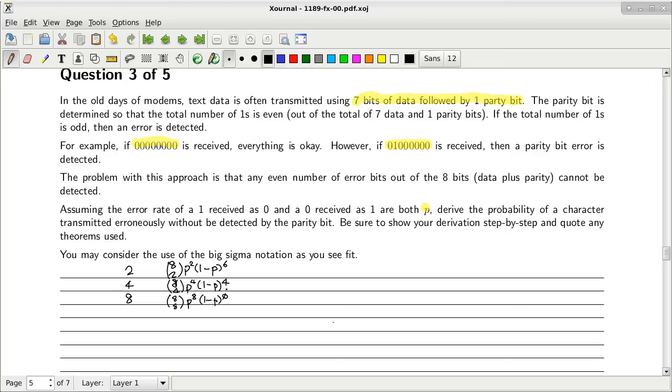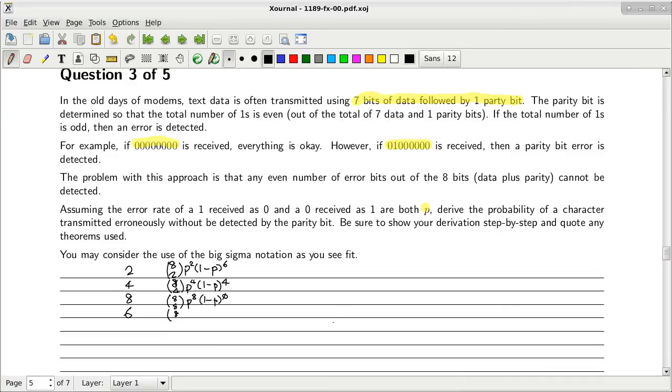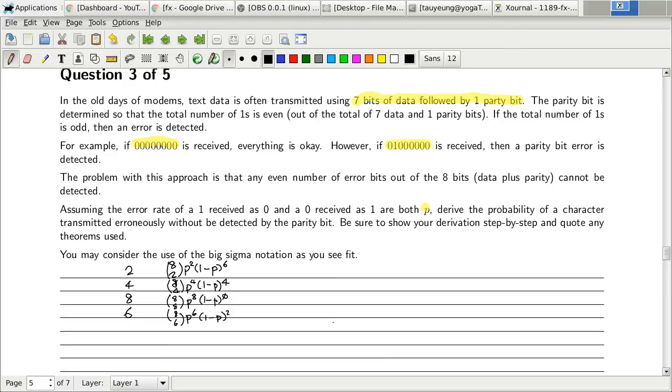And obviously I forgot one thing, I forgot the 6. Okay, let's put the 6 here. Now we have 8 choose 6, p to the power of 6, 1 minus p to the power of 8 minus 6, which is 2. So the idea is we have to add up these numbers together.